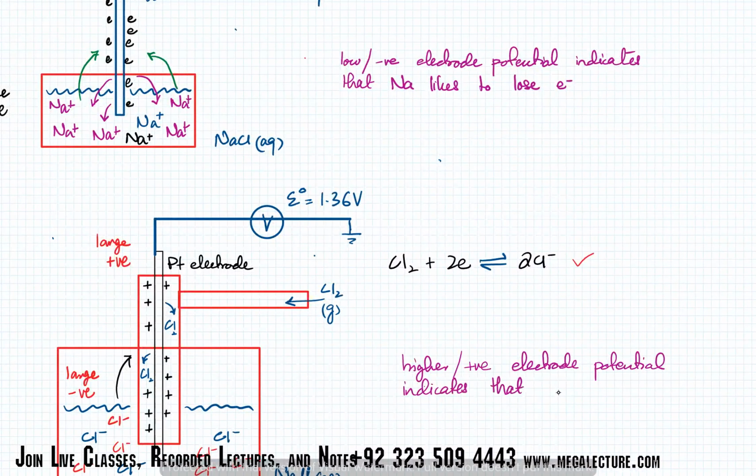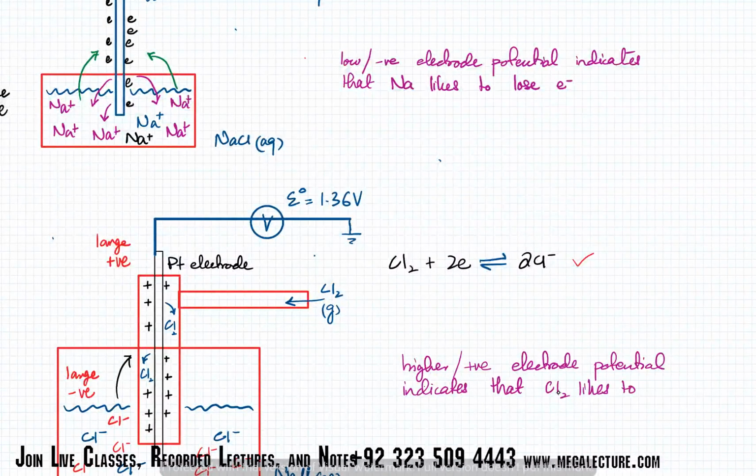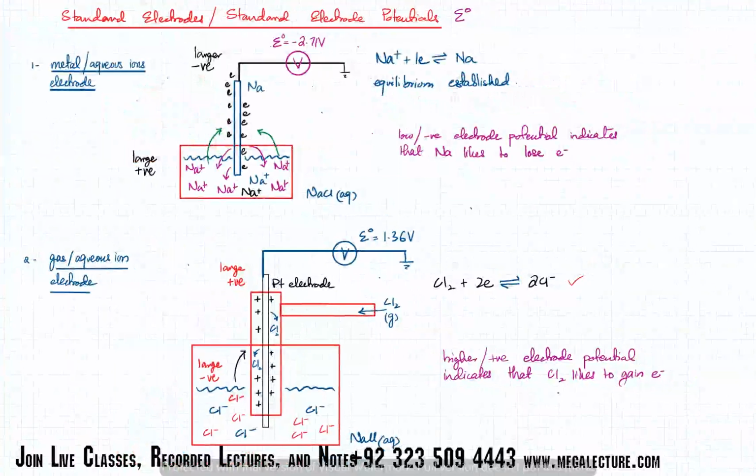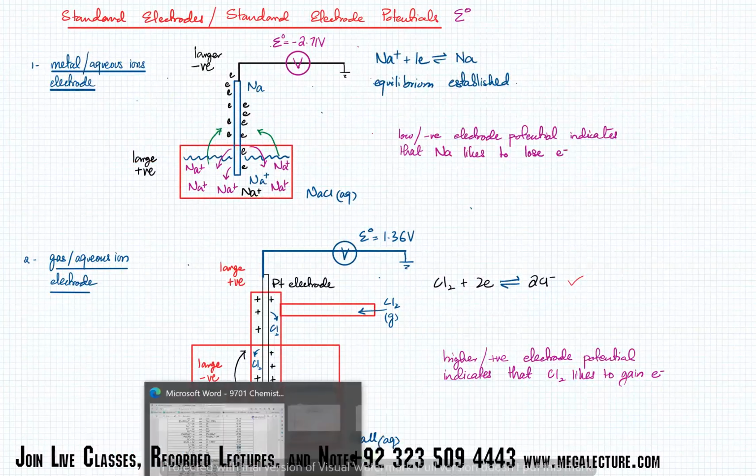So it indicates that chlorine likes to gain electrons, which we already knew. Now we can make electrodes out of, there's a third type of electrode as well. We can make electrodes from any substance.